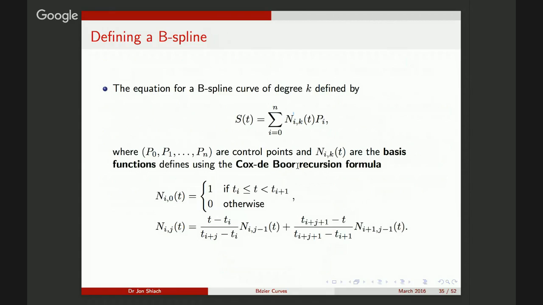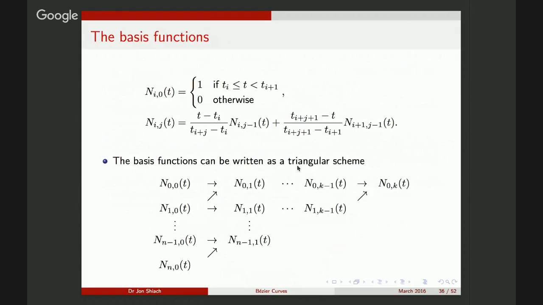So when we're at the far left-hand side of our triangular scheme, those values are either going to be 0 or 1. They're going to be on or off. For all other values, we have this scheme. And this is similar to de Casteljau's algorithm. It's similar to that triangular scheme. So on the far right, this is our B-spline, N_0,k. That's what we're trying to calculate.